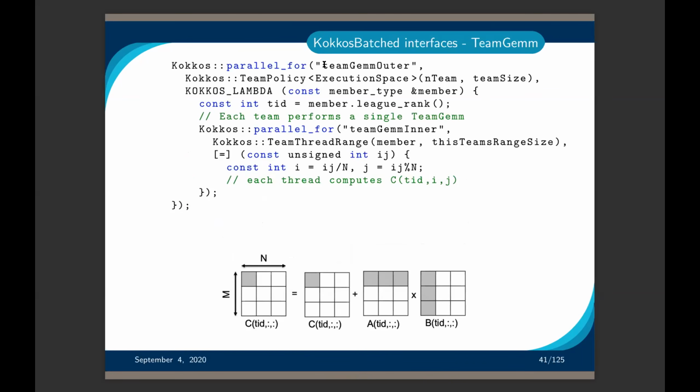You put the team parallelism outside, and you need to decide the team size, and then you create the next parallel for. I want to use 2D parallelism, so we give the ij index, and then we decode this index into i and j and update C_ij individually.